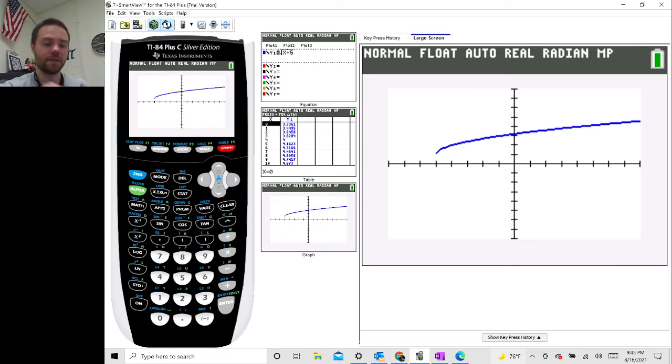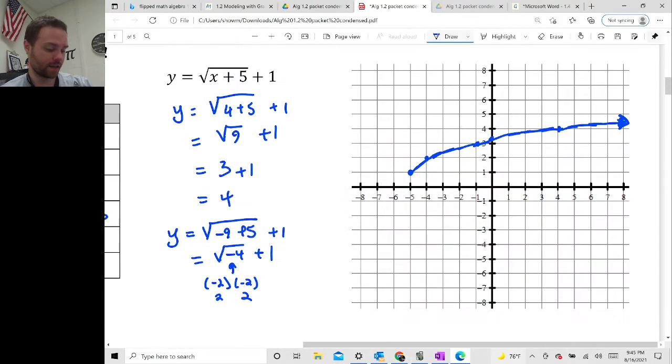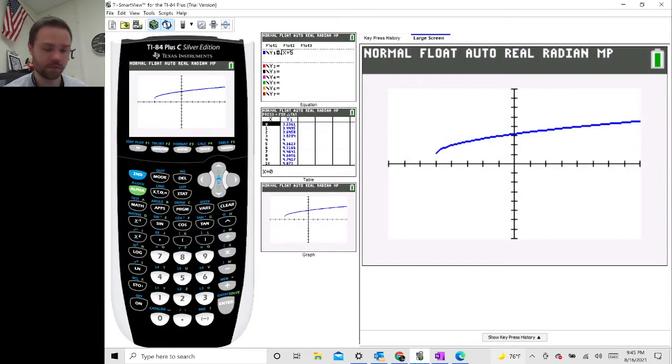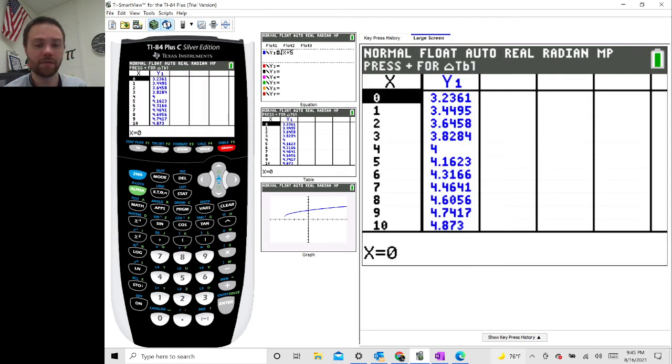And if you can kind of see, maybe I'm not exactly perfect, but that's really close to what's going on there. Something else to mention. Your calculator has this handy-dandy feature. So if you go to second graph, you'll see a table of values.